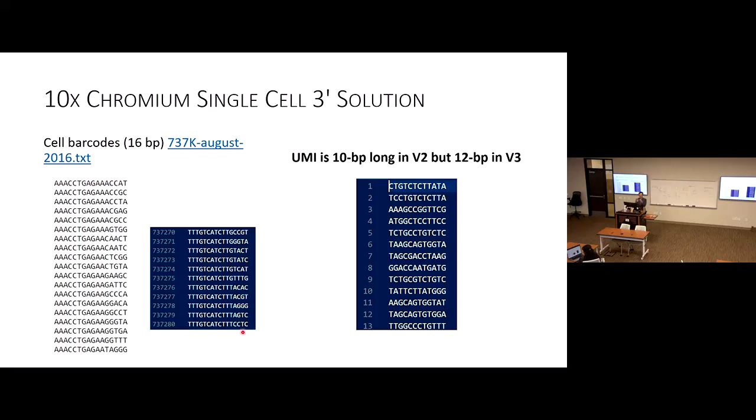So this gives you cell separation. For each of these barcodes, you will be given a 9 base pair UMI, and 12 base pair already in version 3. Each of these UMIs will be individually labeled onto each of these barcodes.